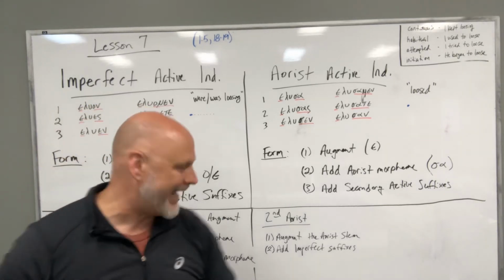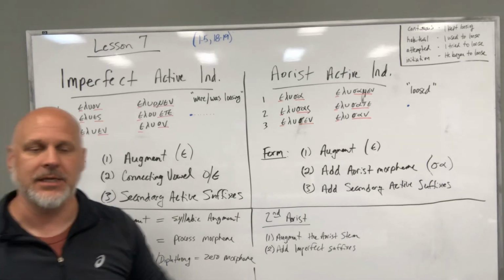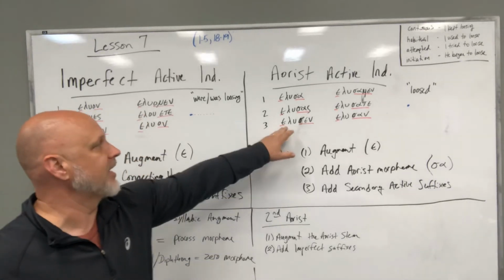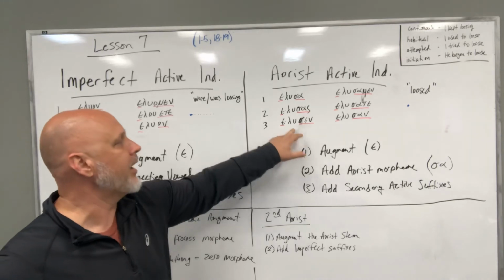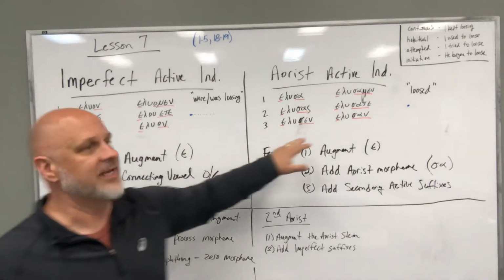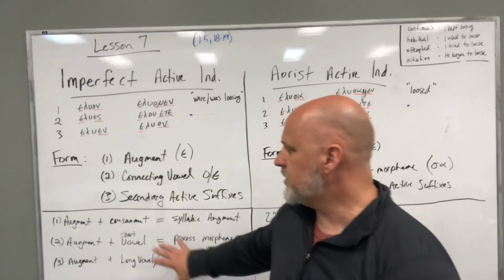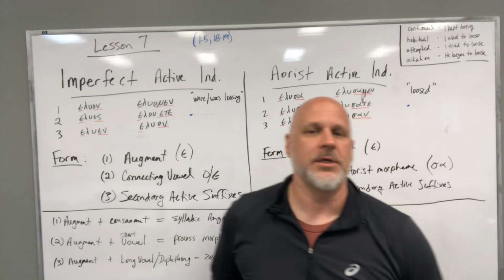And in that case, you have what is called a zero morpheme, meaning the epsilon is not even there. And the only way I will recognize that it's aorist or imperfect is by looking at the endings. So these are ways that the augment can be used.